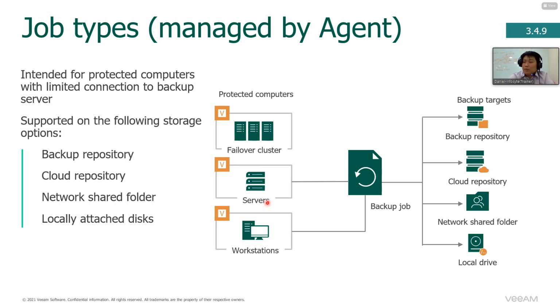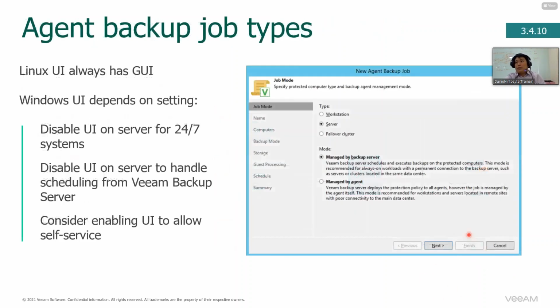Okay? So from here, you will see different options that are able to support different locations for your backup data store, etc. Okay? So your job type will also usually affect your UI installation. Now, the Linux-based agent will always come with the UI software that you can bring up to perform some local operations, etc. For the Windows agent, if you select managed by backup server, they will disable the UI by default.